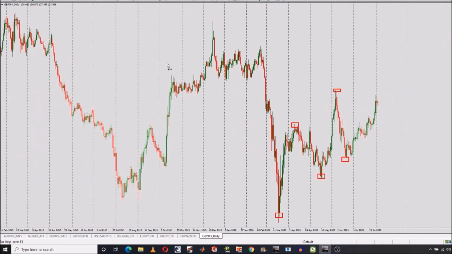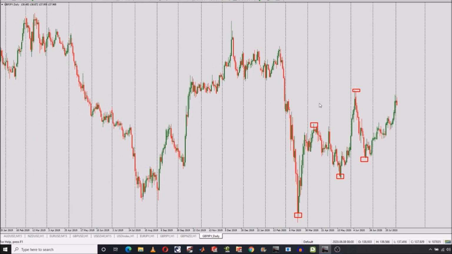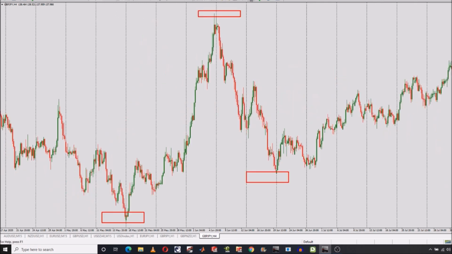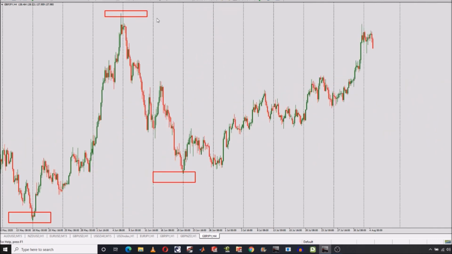But I usually use the daily time frame because it is a clearer time frame, and it gives me the overall direction of that pair. So going to H4, this is how it looks on that previous peak from the daily time frame.